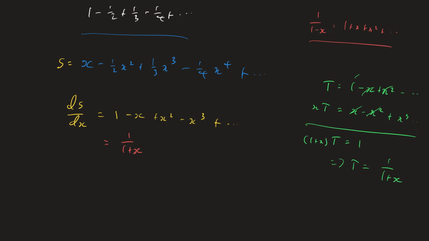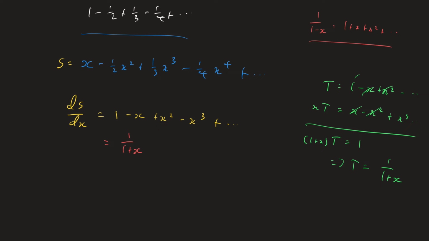Technically, we still have the problem that we need to know that our series converges. What we found here, if you like, is the analytic continuation of this series for values of x that might make this original series diverge.